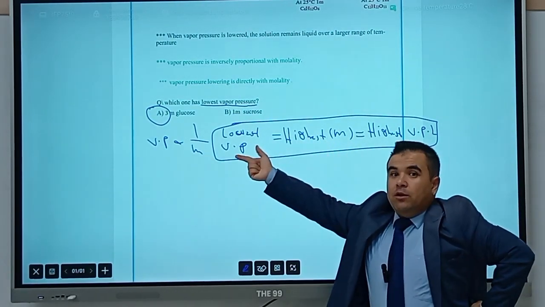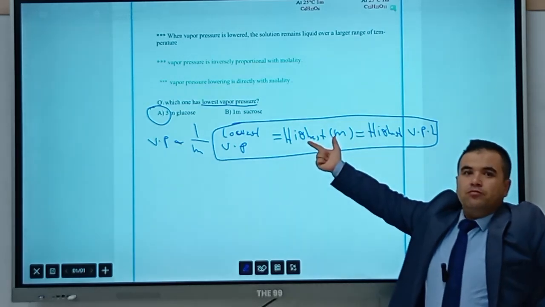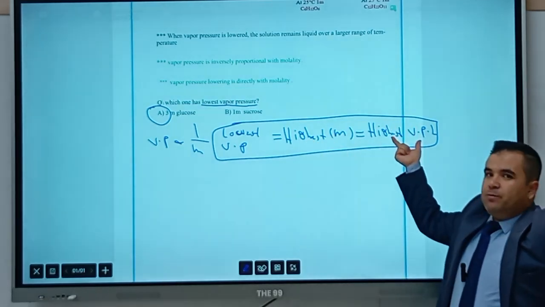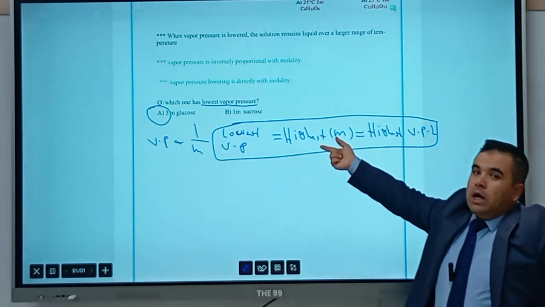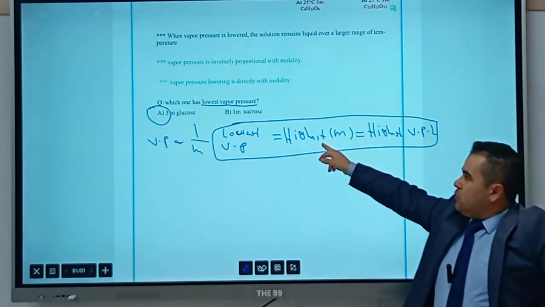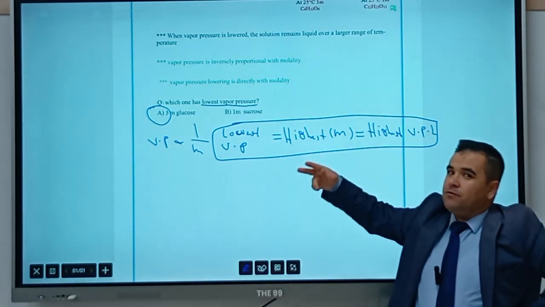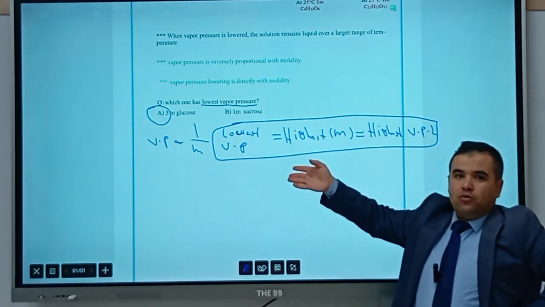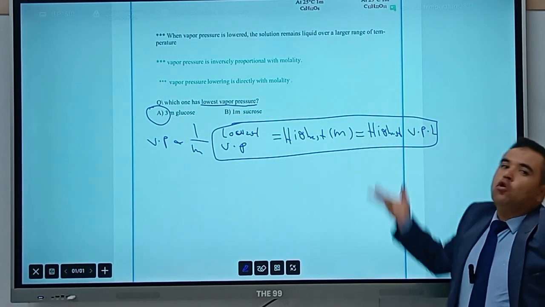If the lowest vapor pressure is required, choose the highest concentration. If the highest vapor pressure lowering is required, choose the highest molality. And for the lowest concentration, if it requires the highest vapor pressure, choose the lowest concentration. The lowest vapor pressure lowering, the lowest concentration.